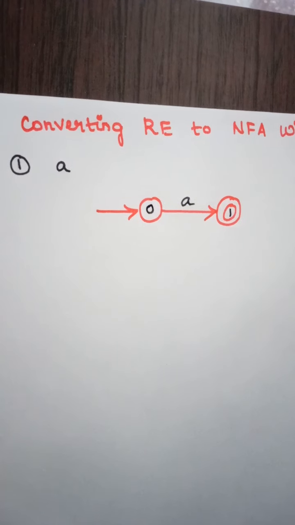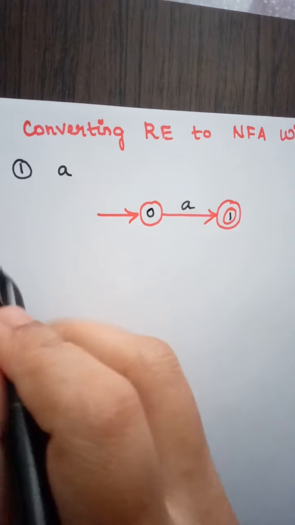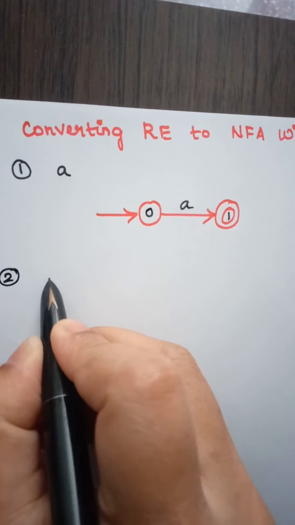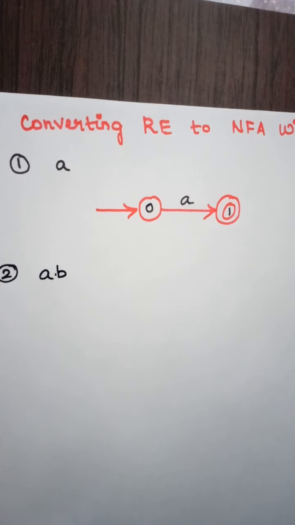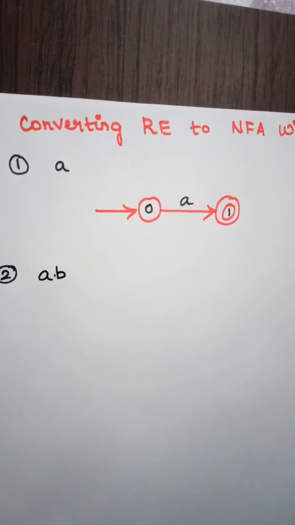For example, if the given input is AB, that is when we have concatenation, this is the same as the previous one.